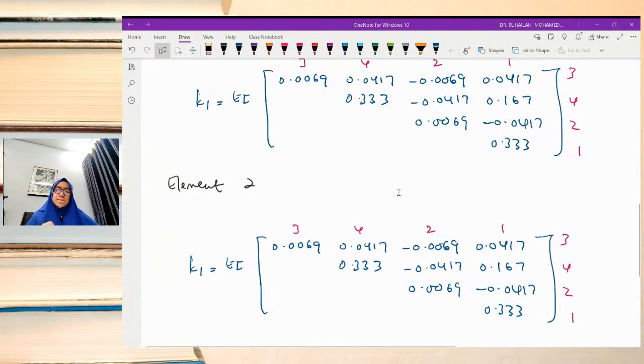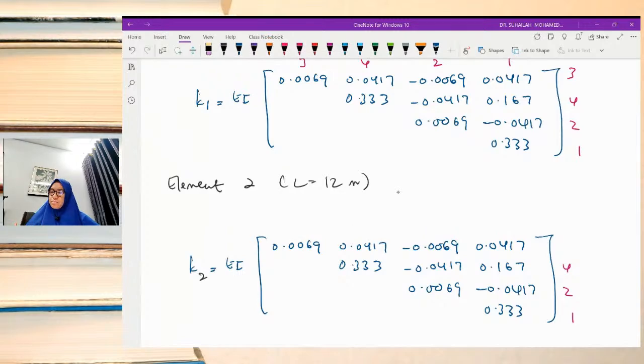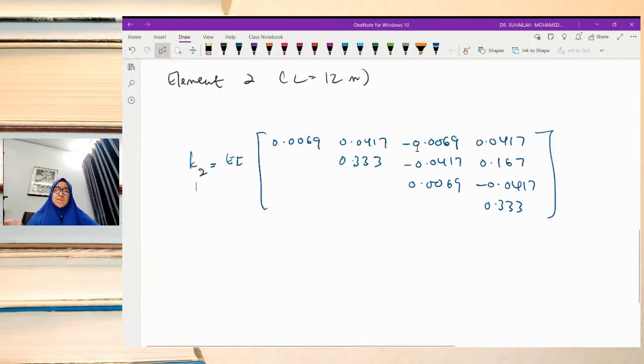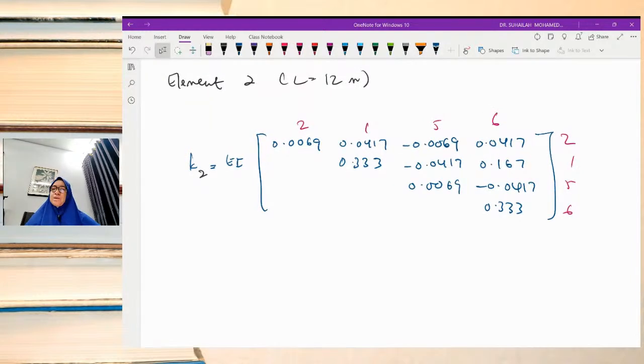Since the length is also 12 meter, so this is K2, but the label is now changed for element 2. The position is 2156. So we get K2.